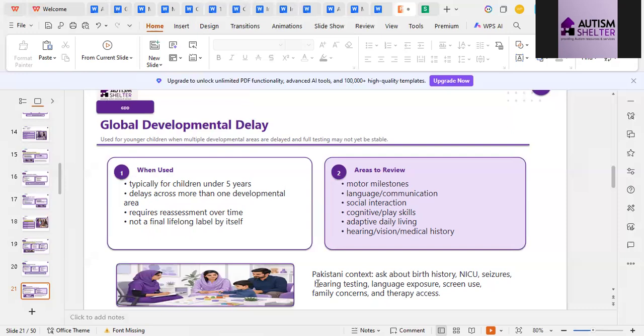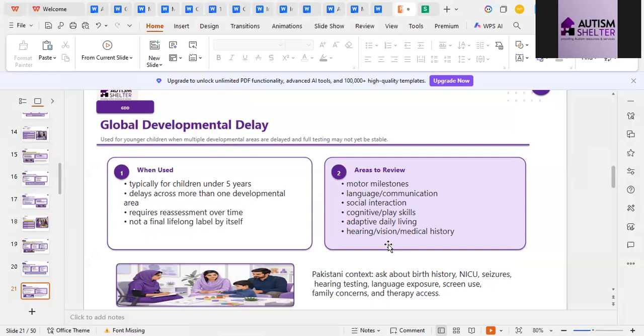Okay, so whenever somebody comes to you, you have to look at the history. While taking the history, you have to ask these questions about birth history. And the very important thing: whether the child cried instantaneously or not.